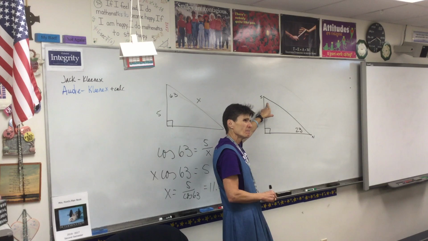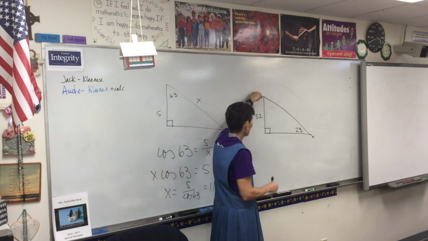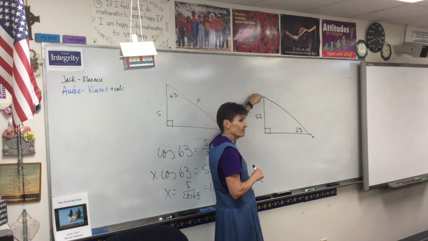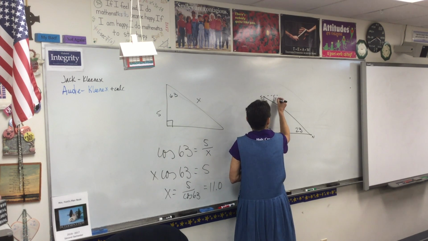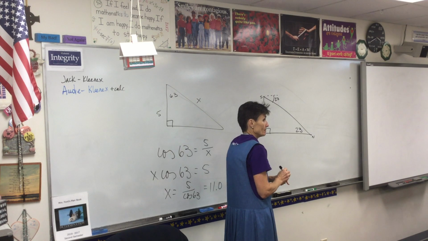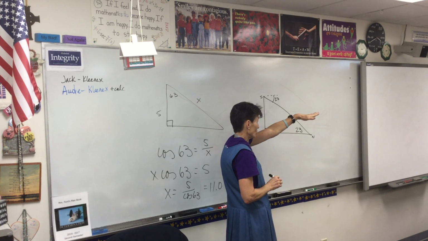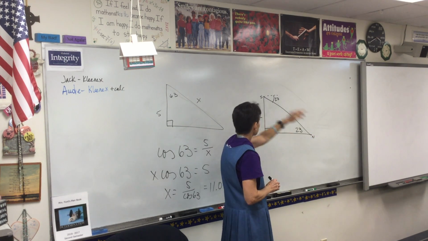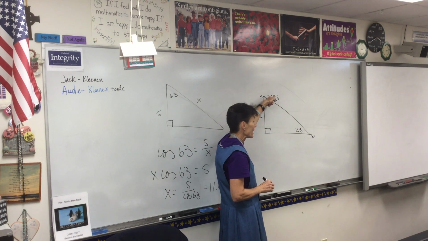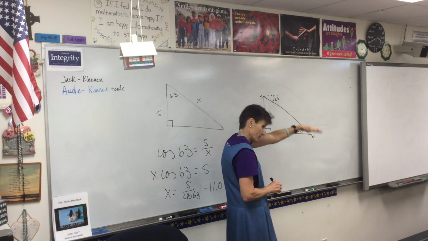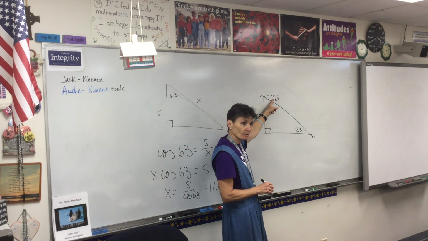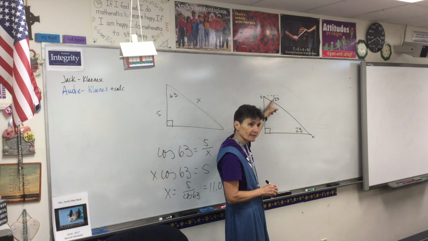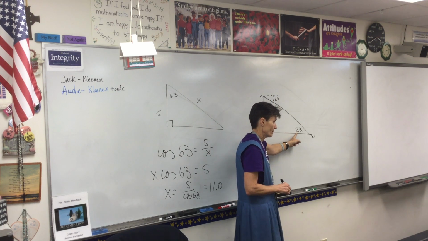Now you're saying, but the squirrel is looking down at the nut. He is. His angle of depression is right here. The angle that my head tips through is my angle of depression, but that angle isn't even in the triangle. So we don't mark it there, we mark it here.